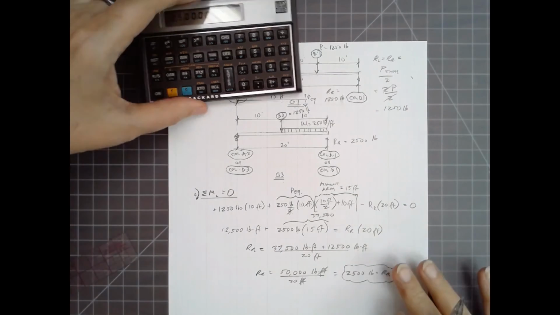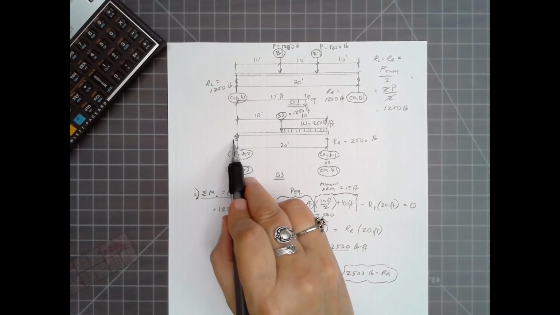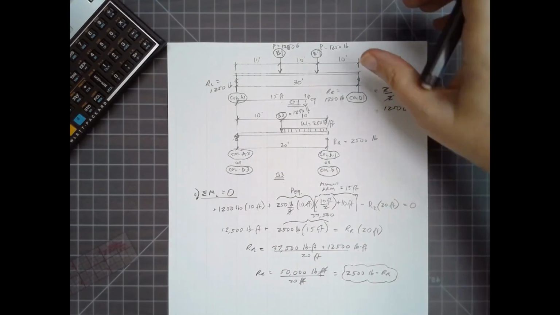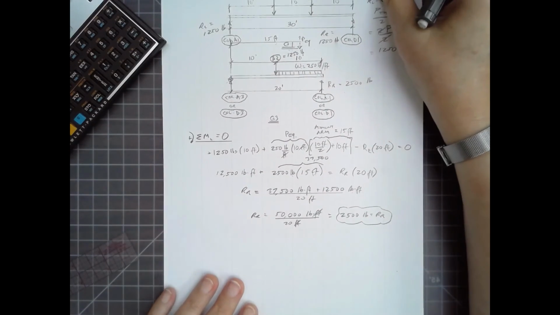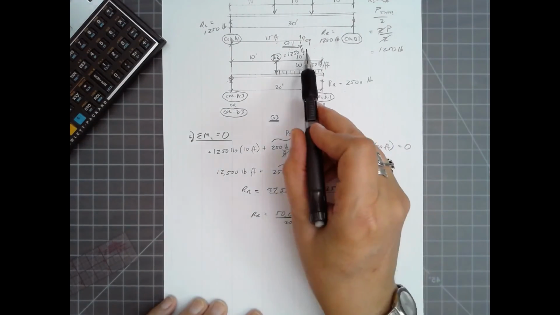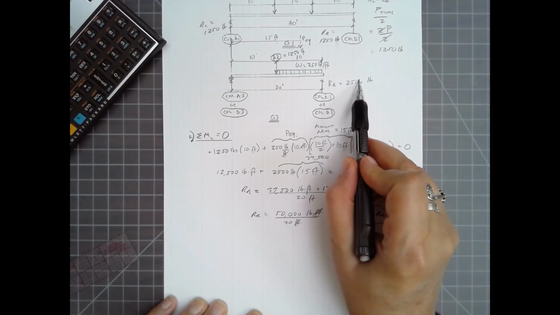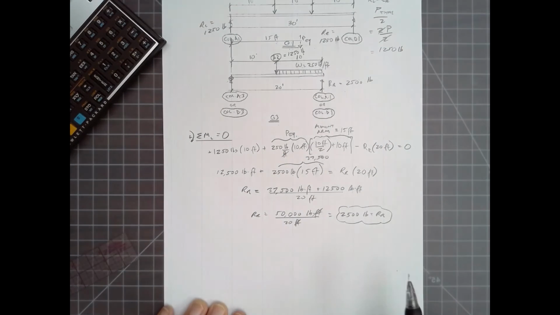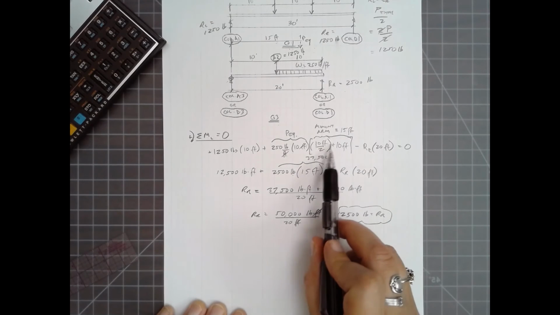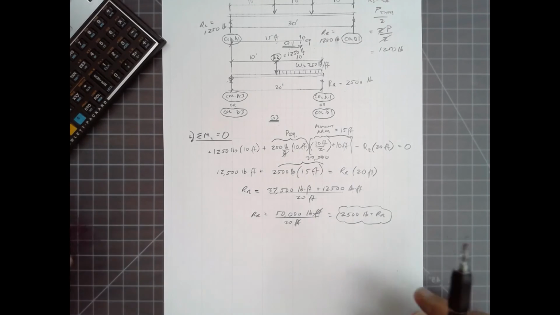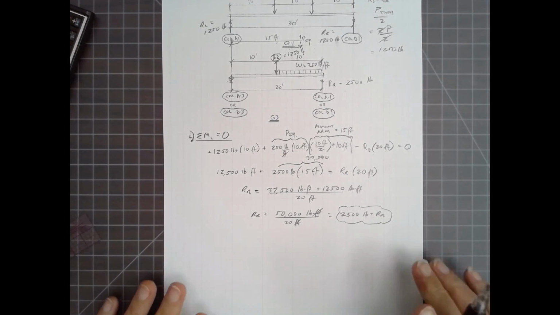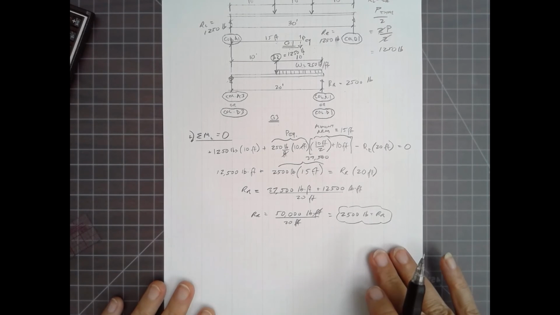Now, I could solve for the left-hand reaction by summing forces vertically, and the balance between the loads going down and those going up are the left-hand reaction. But as you can see, it's very easy to make a mistake here. So I'm going to sum moments about the right-hand side and then check using vertical equilibrium.